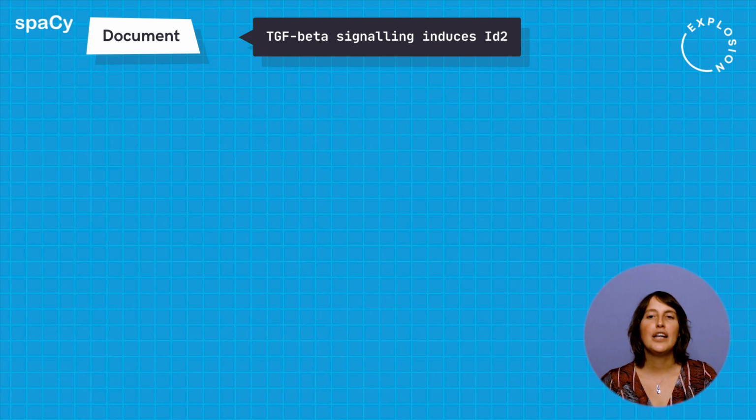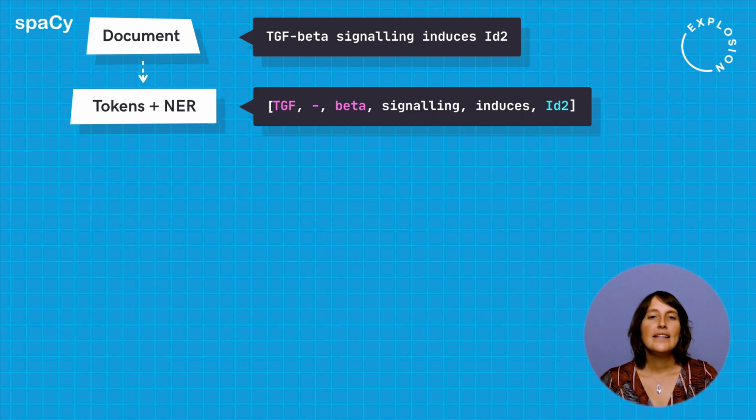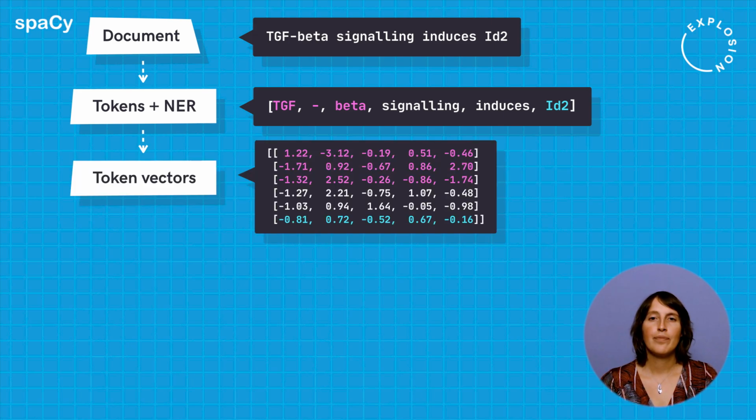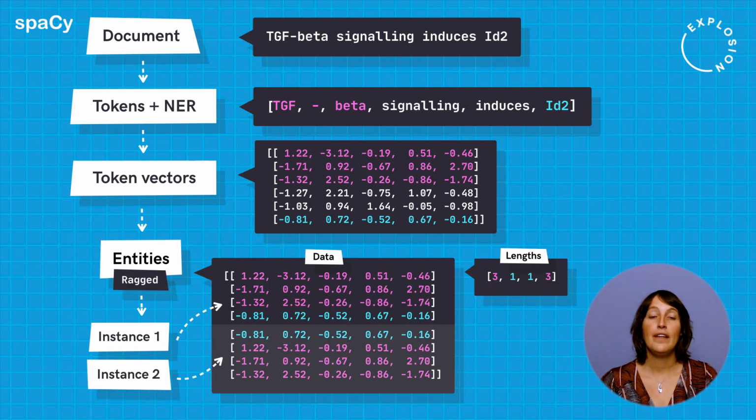Let's first have a look at a more complex example with a multi-token entity. In this example, TGF beta consists of 3 tokens. Each token is embedded as a vector with our tok2vec layer. Then, as before, we have 2 candidate instances in this sentence. The first instance has TGF beta as first entity, so we take all 3 relevant token vectors and we add the token vector of the second entity.